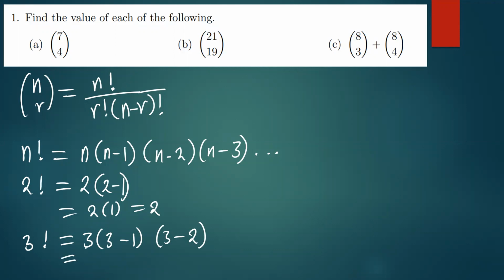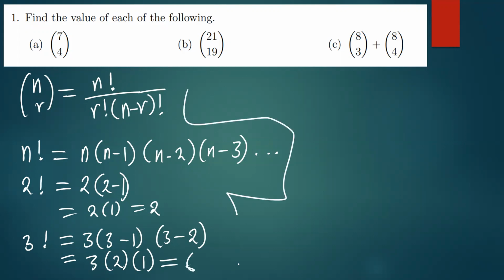So we have 3, and then 3 minus 1 gives us 2, and 3 minus 2 gives us 1. So finding this gives us 3 times 2 times 1, which is just 6.